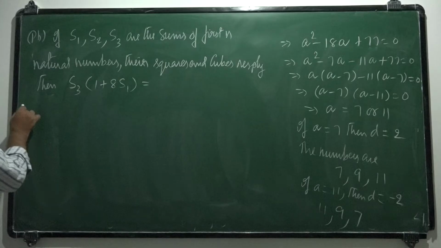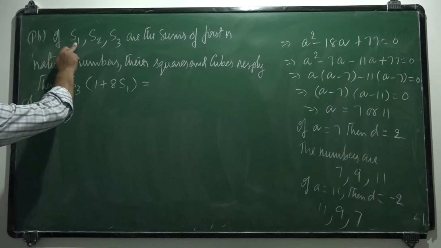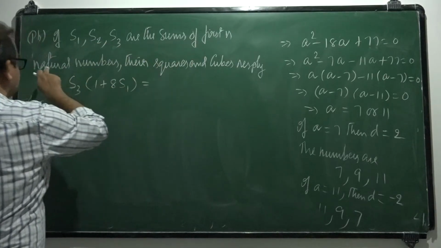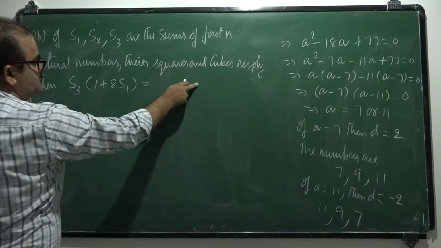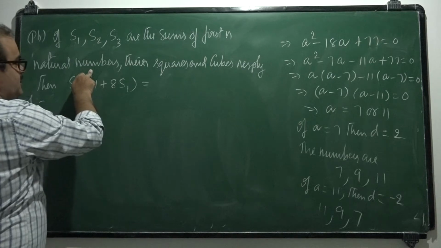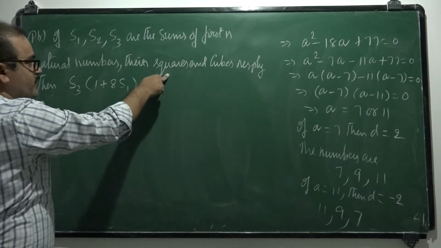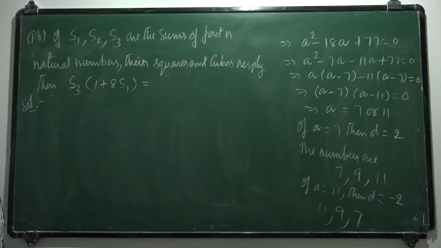See here, S1, S2, S3 are sum of first n natural numbers and their squares and cubes. S1 represent sum of first n natural numbers, S2 represent sum of their squares, S3 represent sum of the cubes.